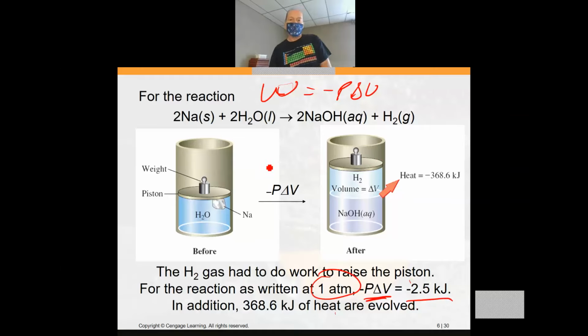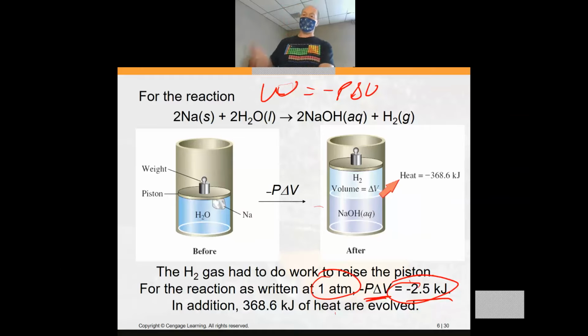To get that change in volume, they don't tell you what that volume is. They just give you that answer. So you have your 268.6 kilojoules of heat evolved.